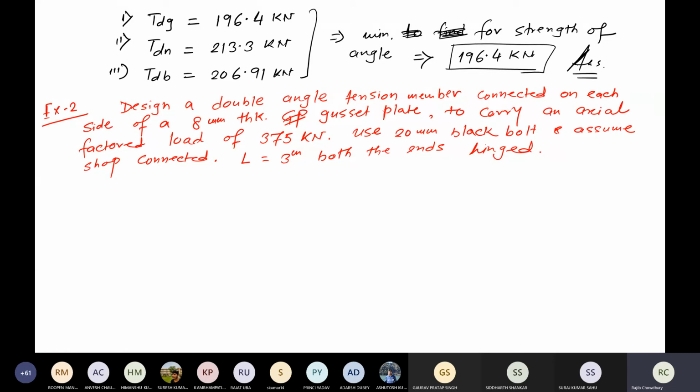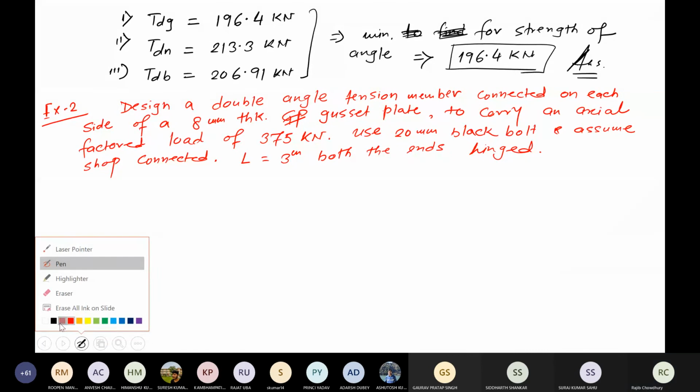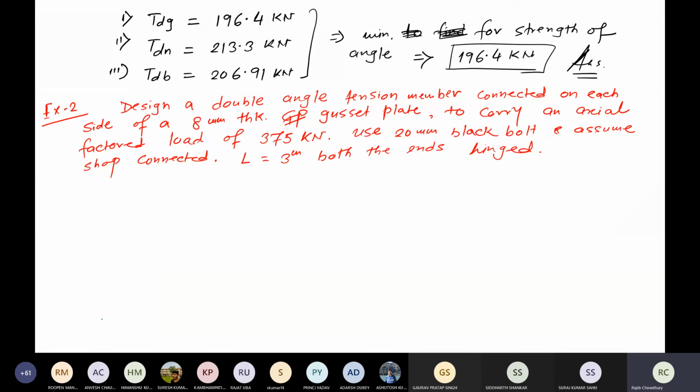So how do we start? Because the problem is now a design problem, and we have to find the cross-sectional properties or the sectional details of this double angle tension member, which is connected through a gusset plate using a bolted connection.